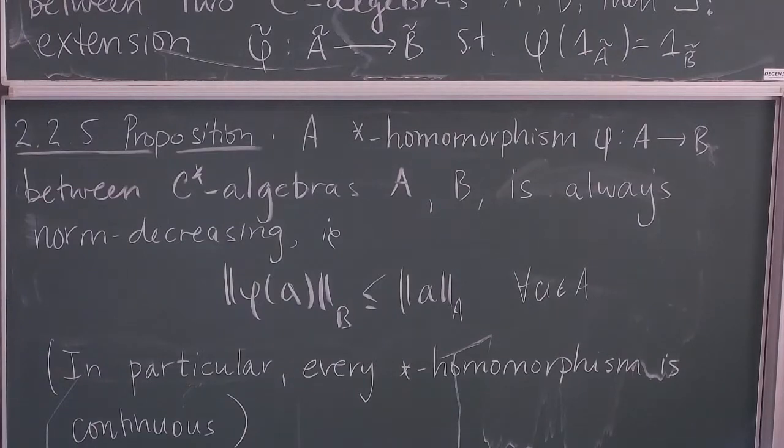To prove this, we will use our trick of passing to unitizations if necessary, so that we can assume everything is nice and tidy and unital, which will make things quite a lot easier.